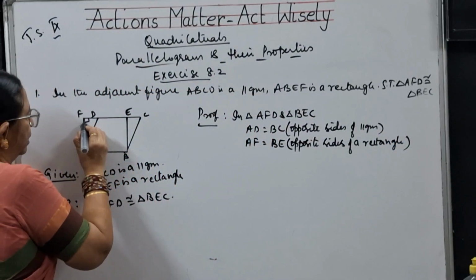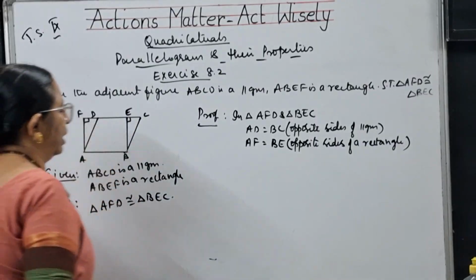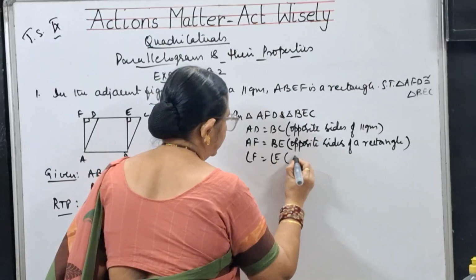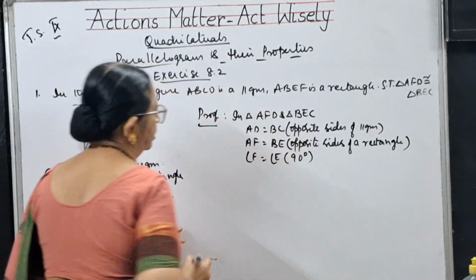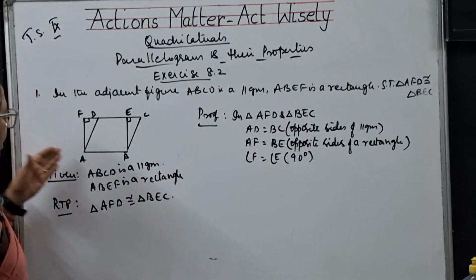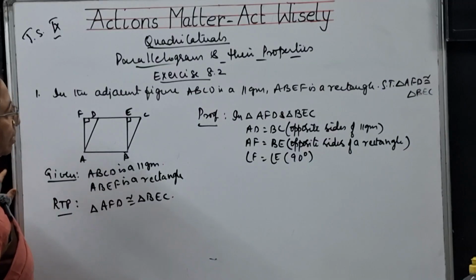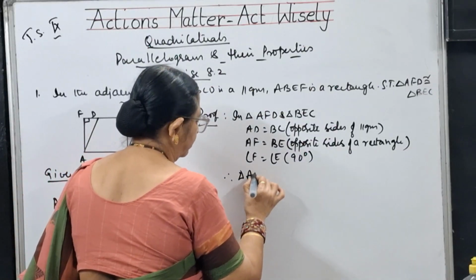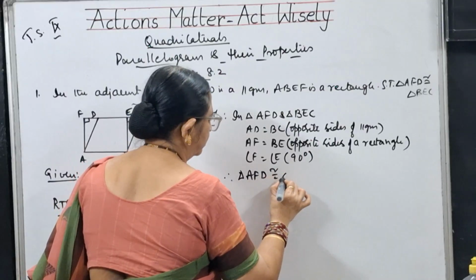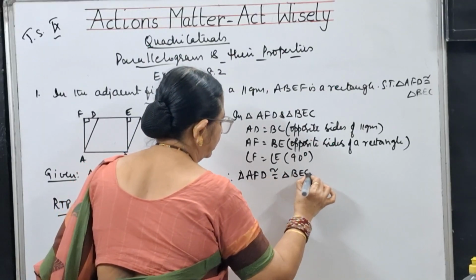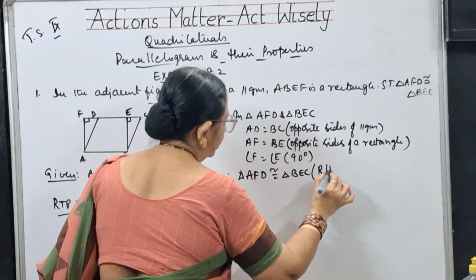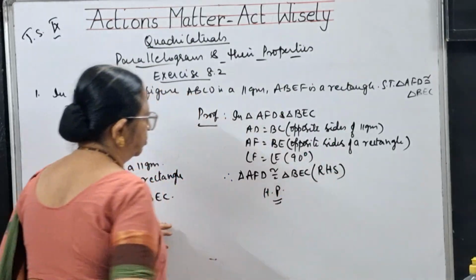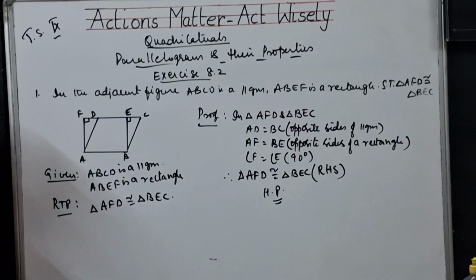And angle F is equal to angle E. They are 90 degrees because in a rectangle, the angles are 90 degrees. Therefore, triangle AFD is congruent to triangle BEC by the right angle, hypotenuse, side property. This is what they have asked you to prove, children.